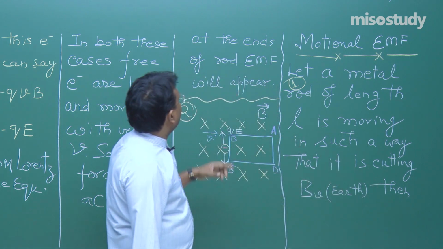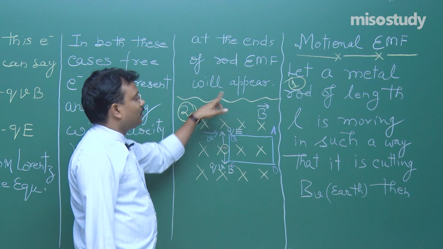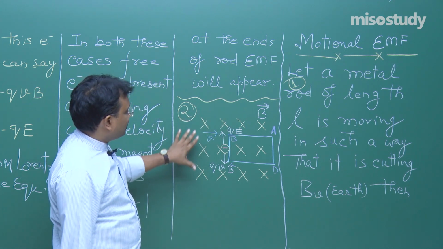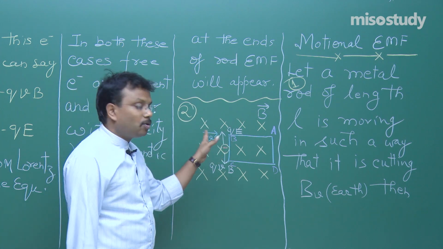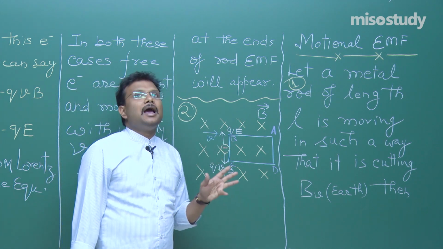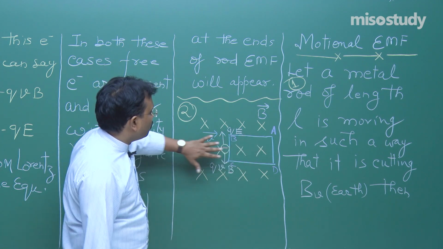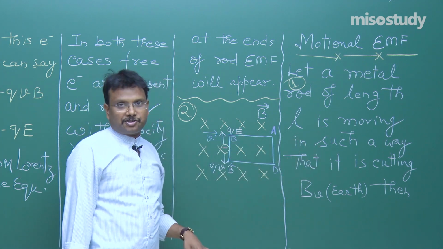Then at the ends of the rod EMF will appear, one case. Second case I mentioned, let us say magnetic field is present perpendicular to this green board. Now, perpendicular to this green board and then a rectangular coil is moving with velocity v in this direction.